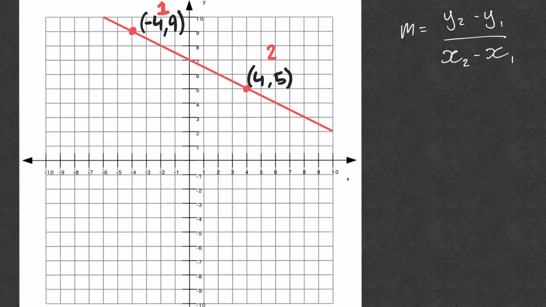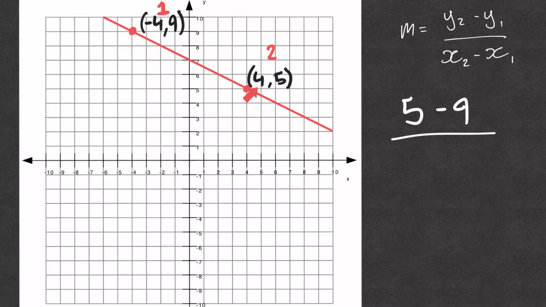All right, get your y point from point 2. So y there is 5. And take away your y point from point 1. Y at my first point is 9. 5 take 9. Now do the same with the x points. What's my change in x?